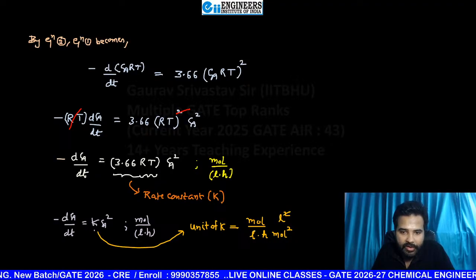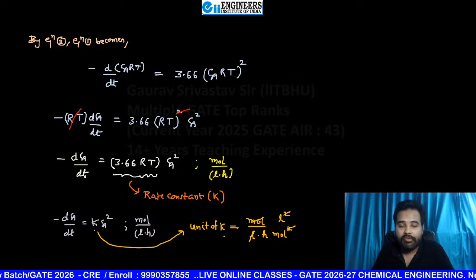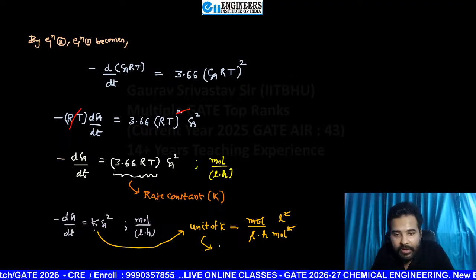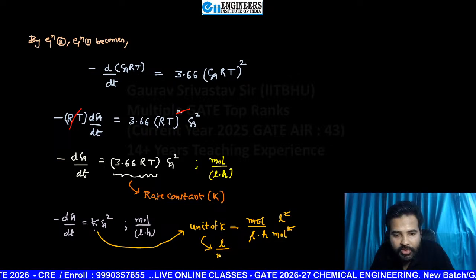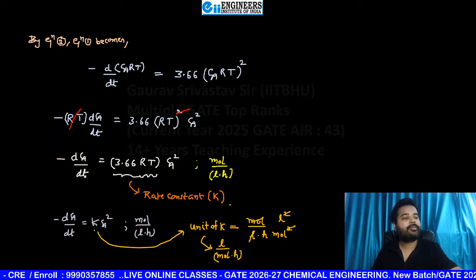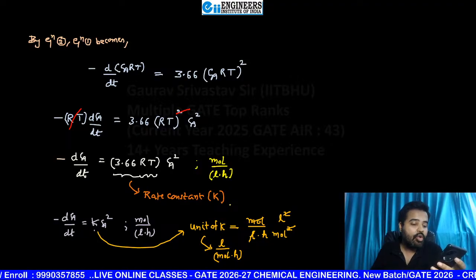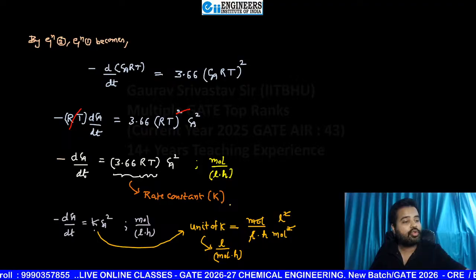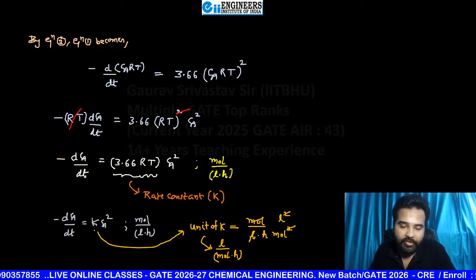So clearly the liter cancels, and the unit we finally get is liter per hour per mole, or you can say liter per mole per hour. Please tell me, is it the same that you are getting? So liter per mole per hour. Very good. Shushmit Nandi, absolutely correct. So you are also getting the same unit. Okay, very good.